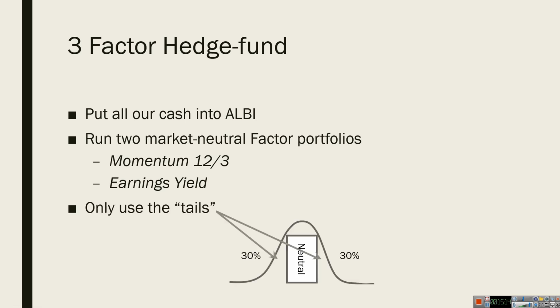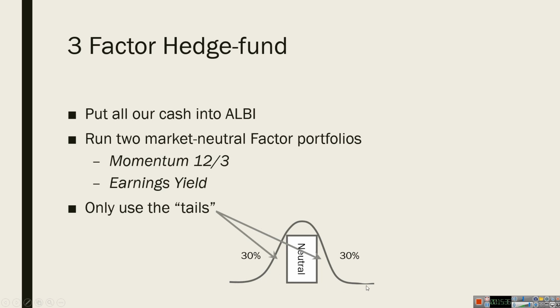Now, what we need to do is we want to pull out just the tails of our distribution, because we saw earlier that Fama-French tend to split the distribution in half, and you lose some of the concentration if you do that. So let's take momentum, for example.